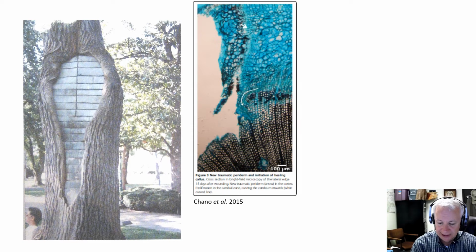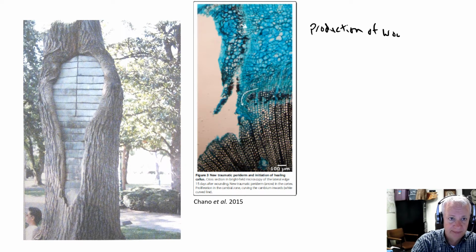Another induced response that can be important is production of wound periderm, where periderm is essentially outer bark that's produced by a cork cambium.